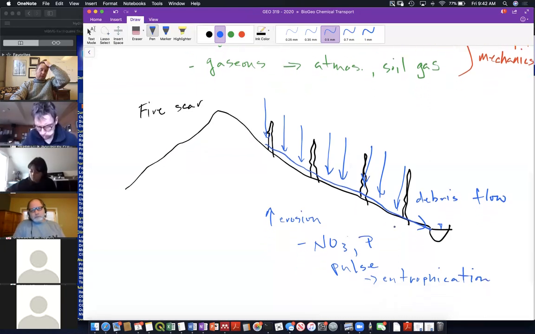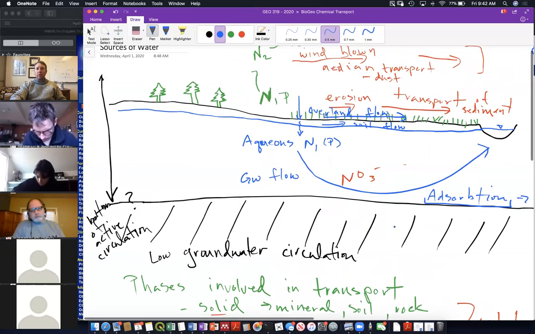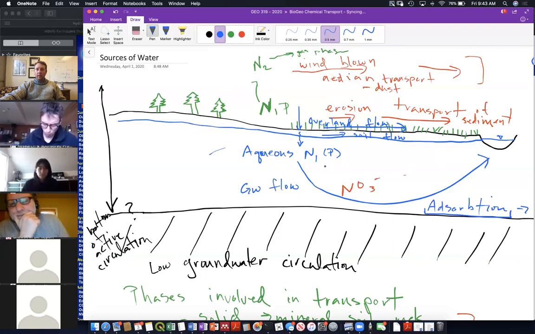So the important thing, or the main points I want you guys to take home from this exercise are, first of all, the three sort of phases of transport. So we can move it in the solid phase, in the atmosphere, or in the water. All right.